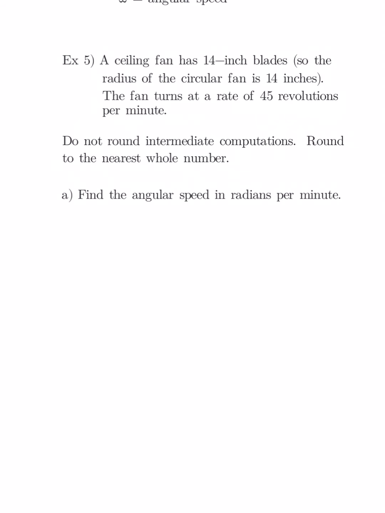Question A says, find the angular speed in radians per minute. The only formula that we have for angular speed is the one that says omega equals theta over time. We almost have this information given to us. Our theta is partly there because they tell us about revolutions.